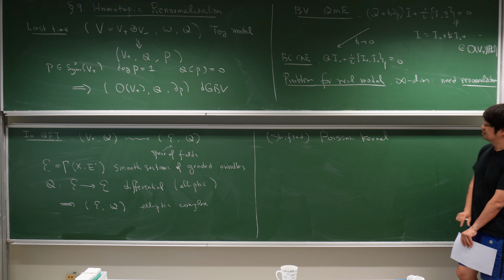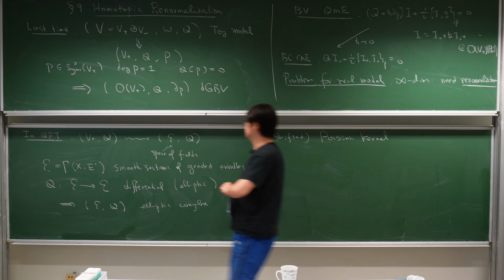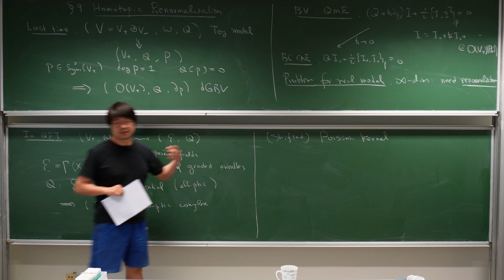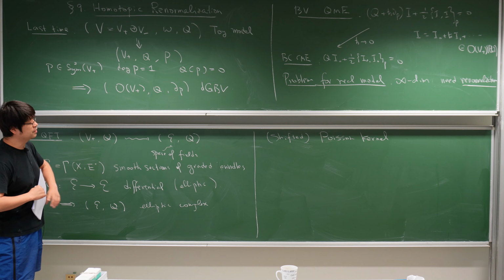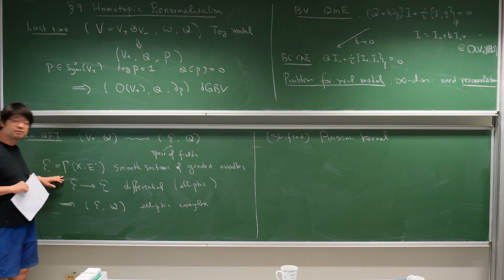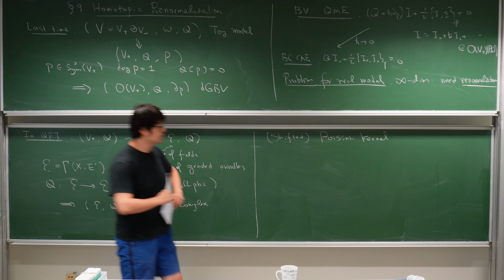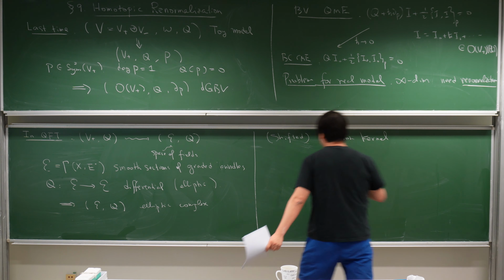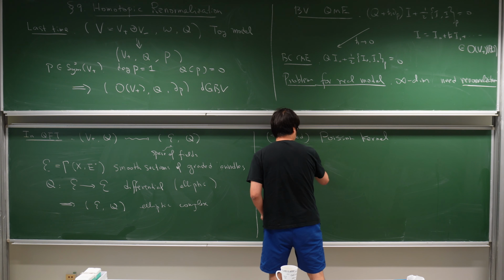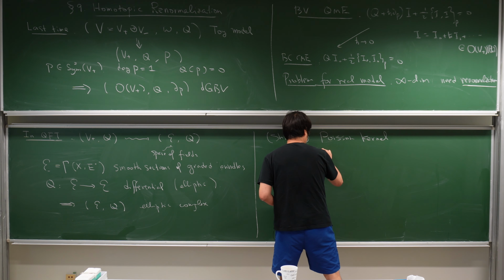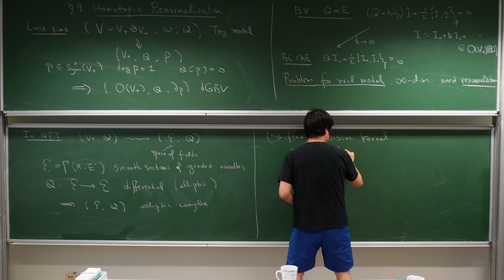This kernel is the inverse of some natural pairing, a geometric pairing on the space of fields. The natural pairing on the space of fields most of the time comes from integration. So the inverse of integration is going to be a delta function. So basically this guy will be distribution valued.